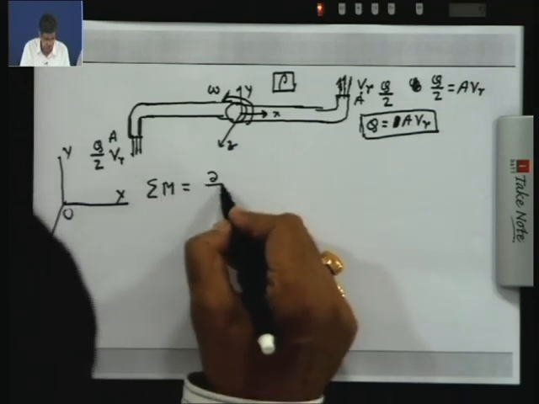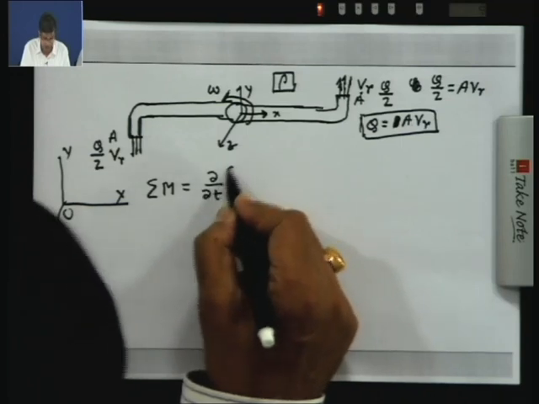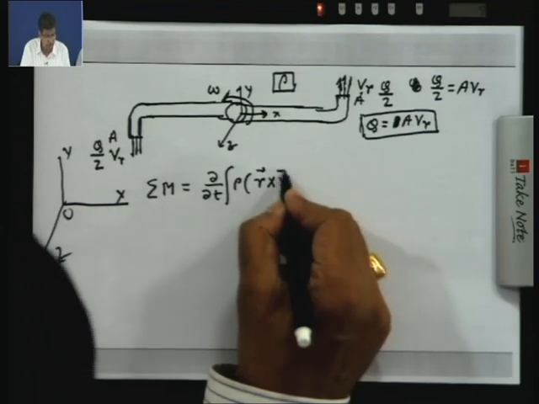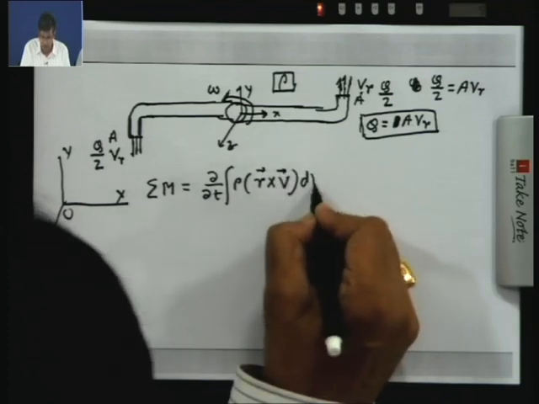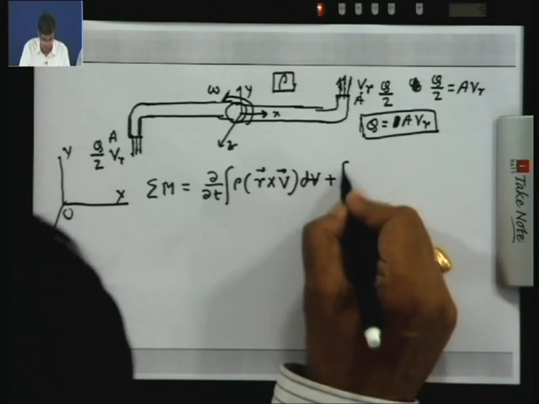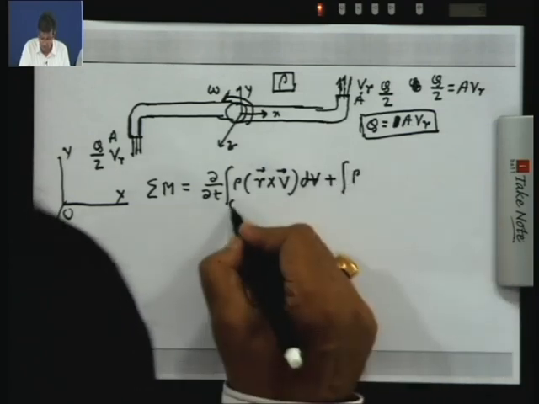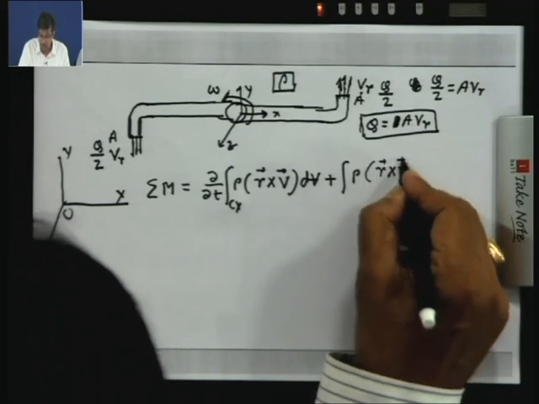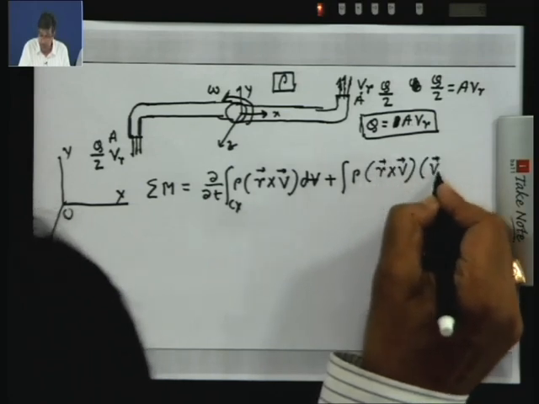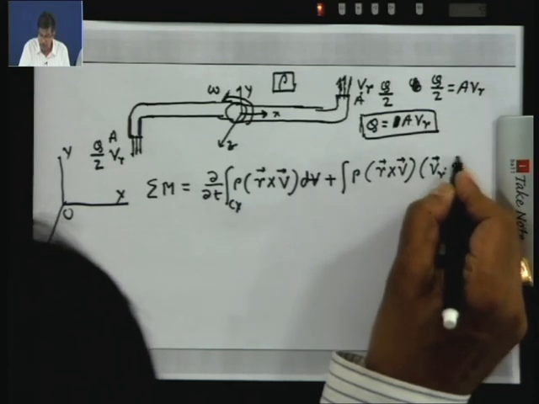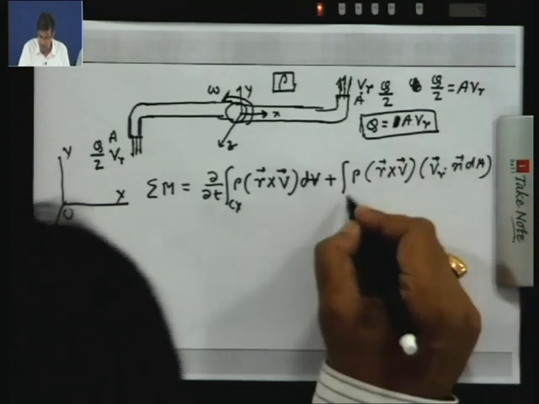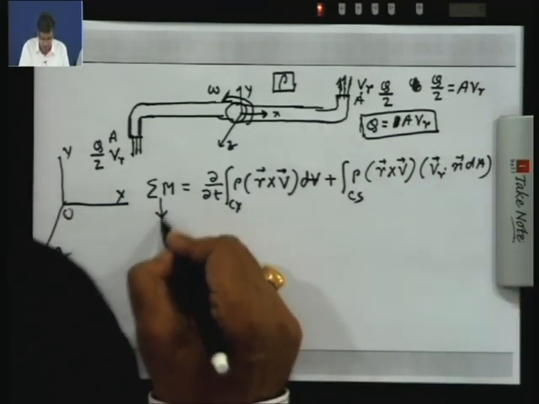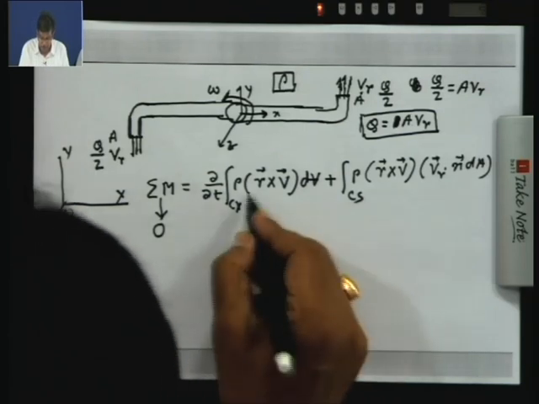Del by del t of integral rho r cross V dv plus integral over the control volume, rho r cross V, Vr dot n dA over the control surface. Well, now this is 0 in this problem. Now, what is the first term?